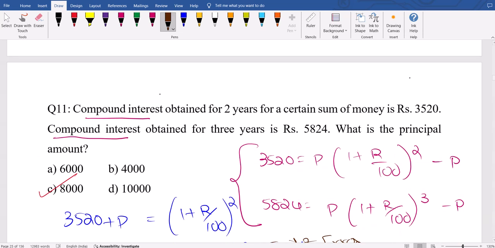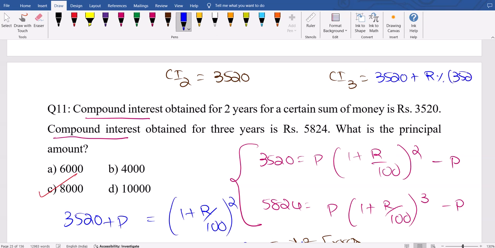Compound interest for second year is 3,520, and for the third year would be the previous year's 3,520 plus interest at a certain rate on 3,520. You recall that, right?